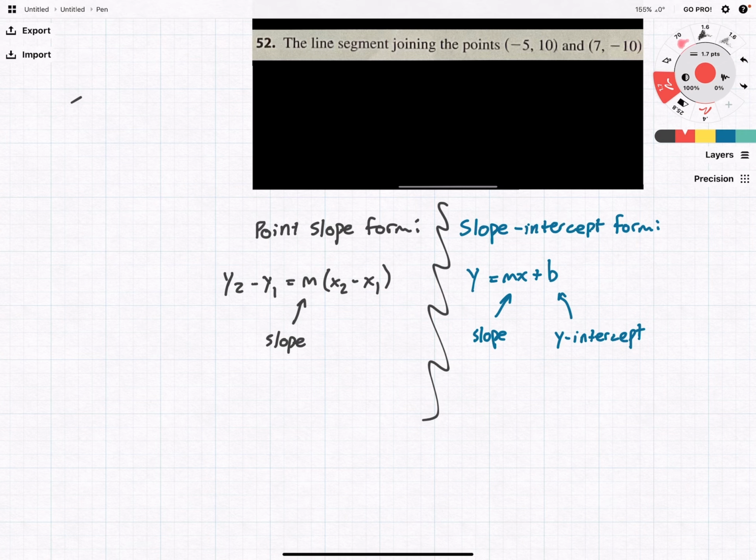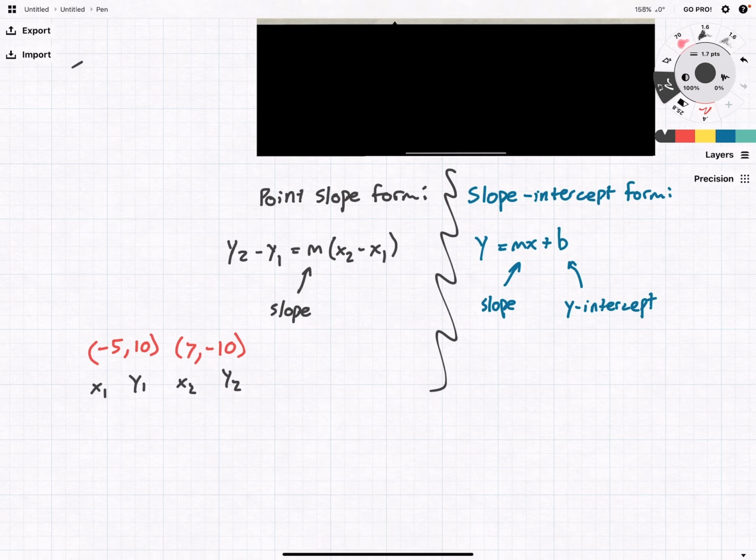We have the points (-5, 10) and (7, -10). So we've got those written down. Now we've got our y2, y1, x2, and x1. So let's go ahead and denote this x1 and x2 and y1 and y2. Here we go.